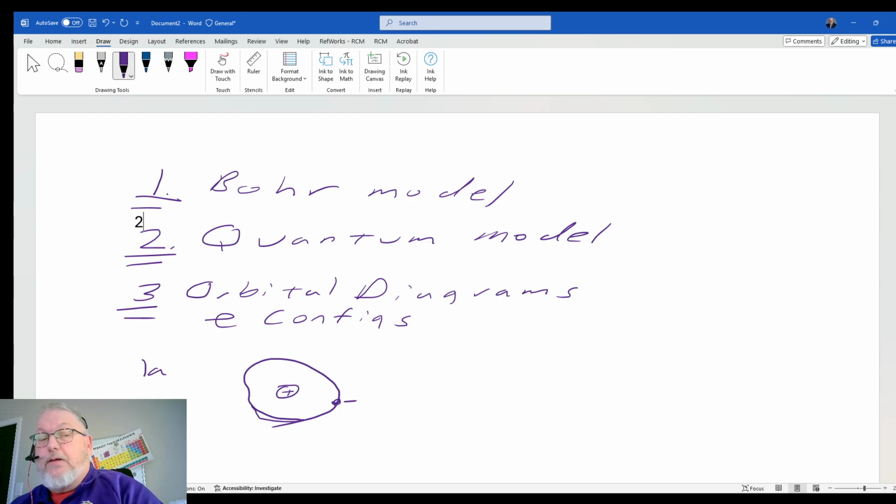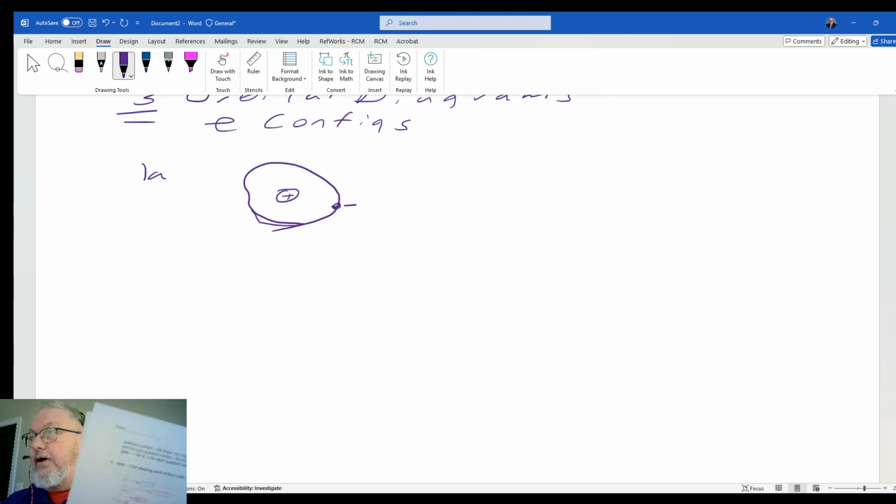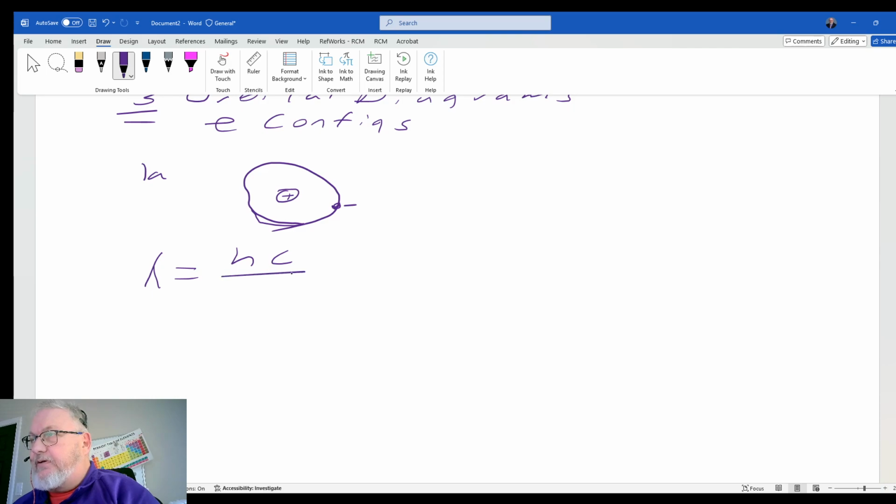Okay, so let's talk about some of the math. Let's continue on with the Bohr model and add to that. So what's the frequency? We've got two formulas, and they're on your formula sheets. The first one is lambda equals hc over delta E, where h is Planck's constant, c is the speed of light, and delta E is the change in energy.